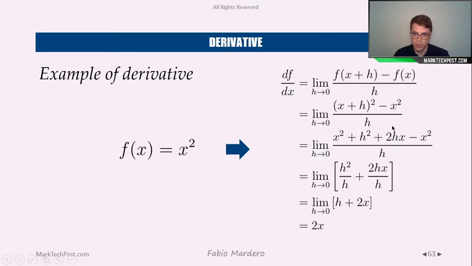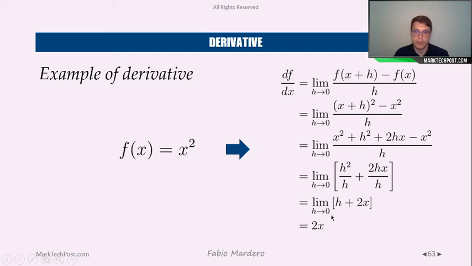Here the x squared simplifies and we get h squared over h, that's h, and then we get 2xh divided by h. Here the h's simplify, and so we get the limit as h approaches 0 of h plus 2x.